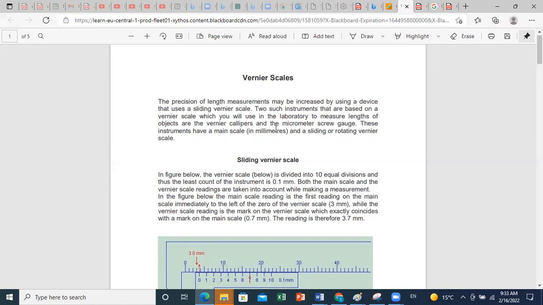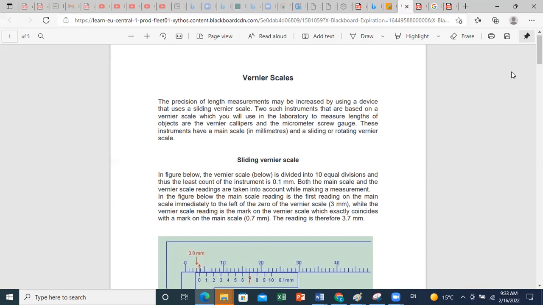We'll see how in this file. Such instruments are based on a vernier scale, which you will use in the labs to measure lengths of objects, and we'll see how they operate. You have different ranges of accuracy depending on your main scale and how many divisions you have in your vernier scale.